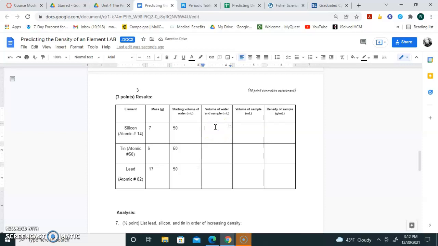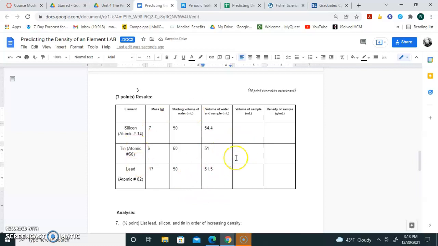After filling the graduated cylinder with water, we dropped in the sample. And as we dropped in the sample, obviously the volume of water went up. And we recorded how much it went to. So for silicon, the volume of water went to 54.4. For tin, it went to 51. And for lead, it went to 51.5.